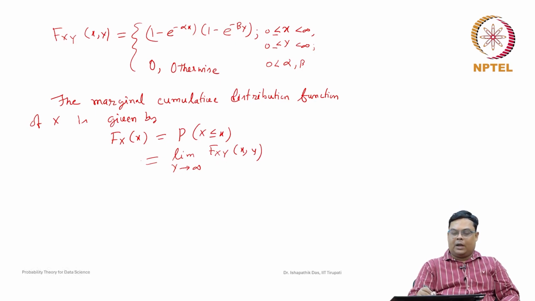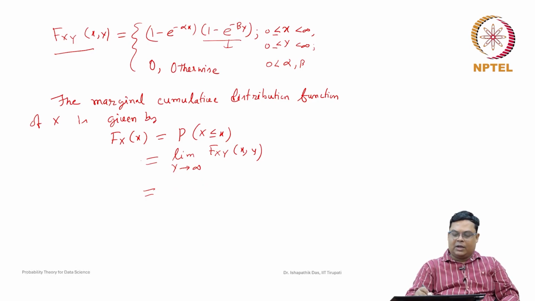Now if you take the limit as y goes to infinity, it is very straightforward: e to the power of minus beta y, beta being a positive number, goes to 0 as y goes to infinity. So this becomes 1 minus e to the power of minus alpha x.